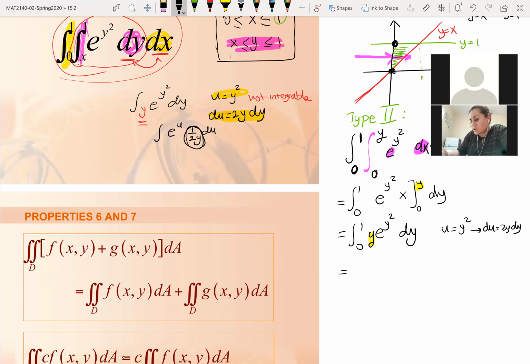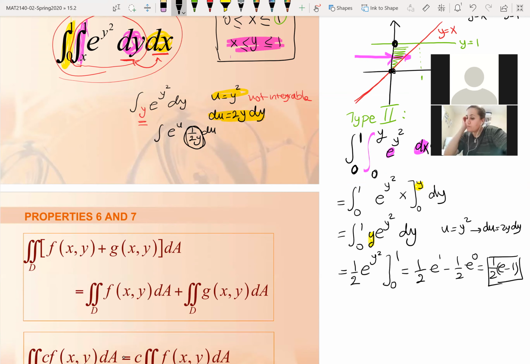So that is just going to be e to the y itself, half, and then plug in 0 to 1, which gives you half of e to the 1 minus half of e to the 0, or half of e minus 1. Does it make sense? Do you have any question?